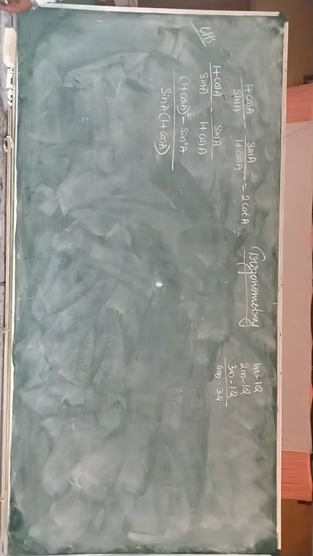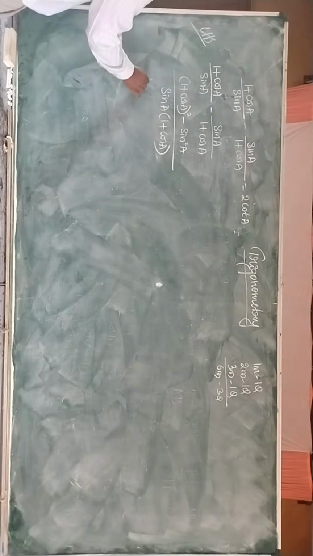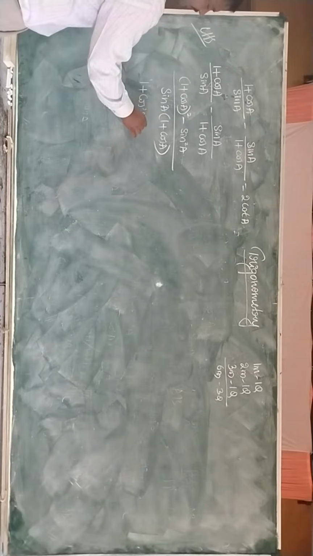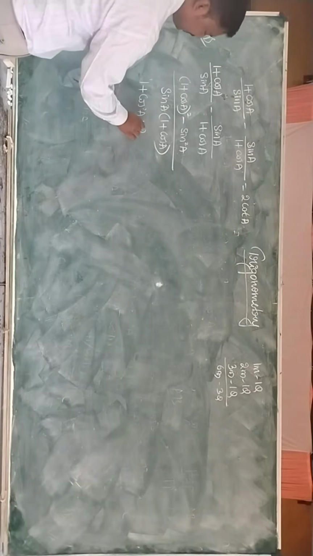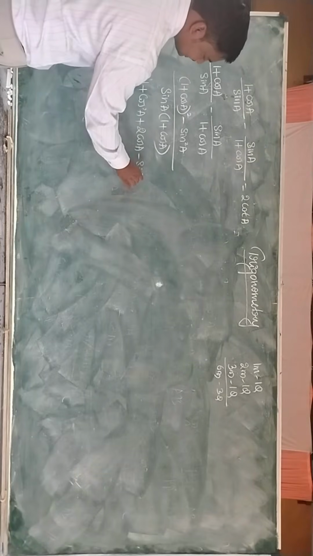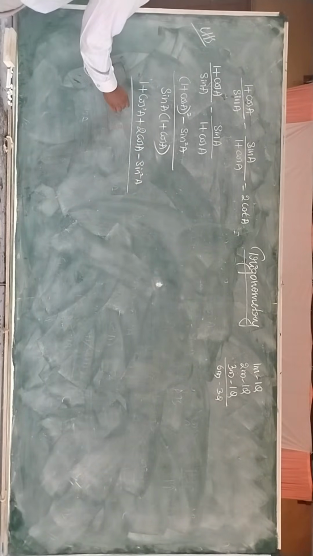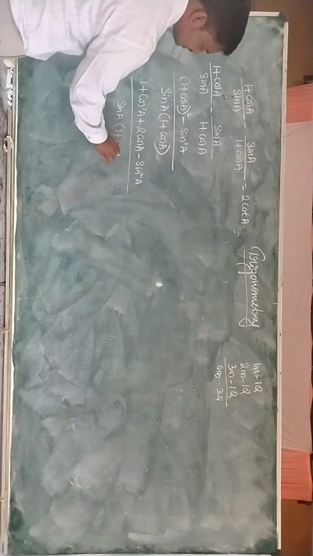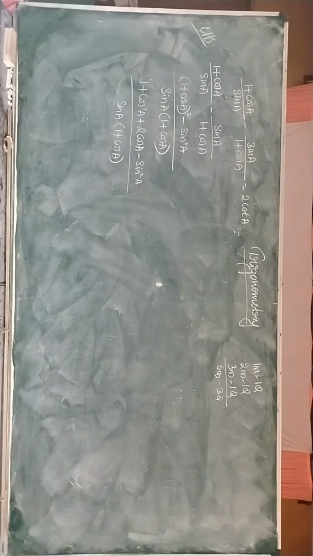Yes. Okay. So (1 plus cos A) whole square expansion: 1 plus cos square A plus 2 times cos A minus sin square A, divided by sin A into 1 plus cos A. Correct?